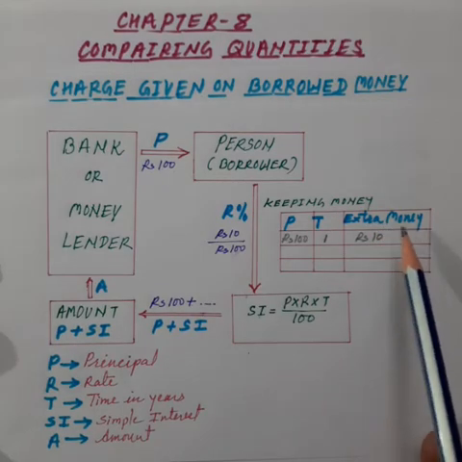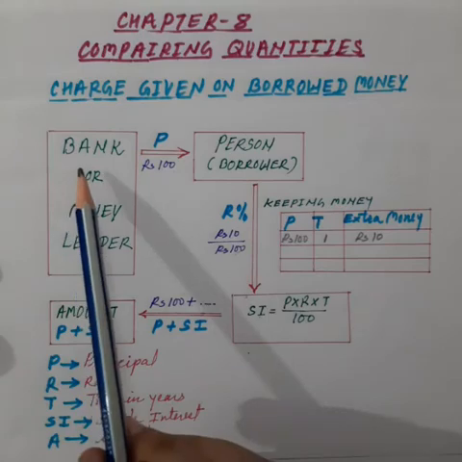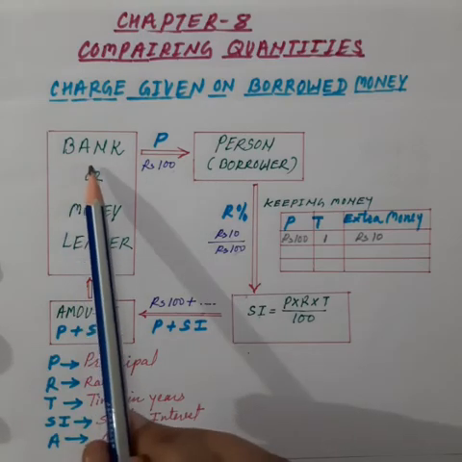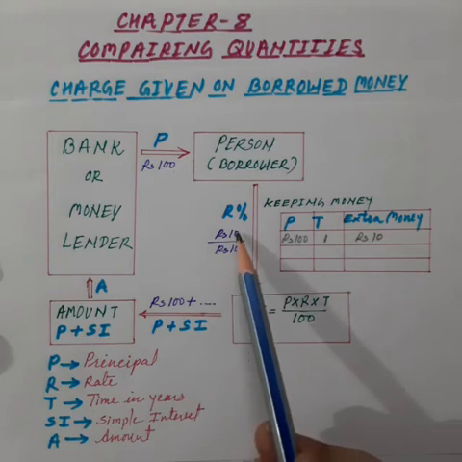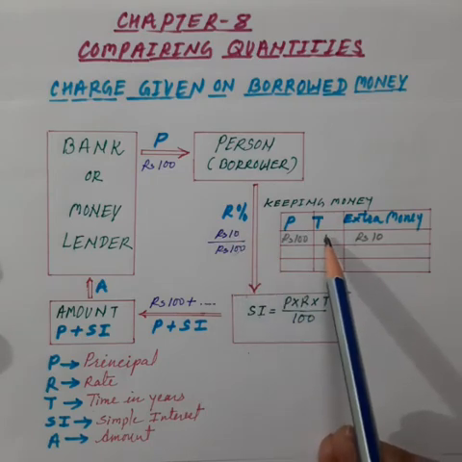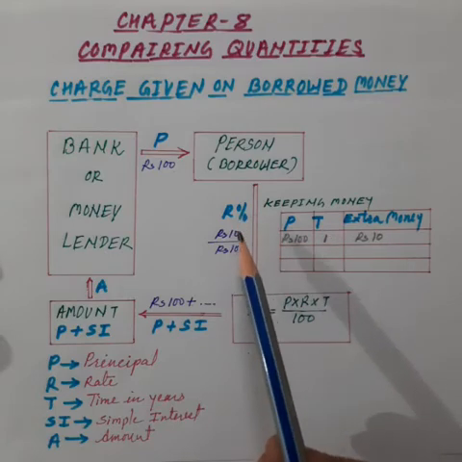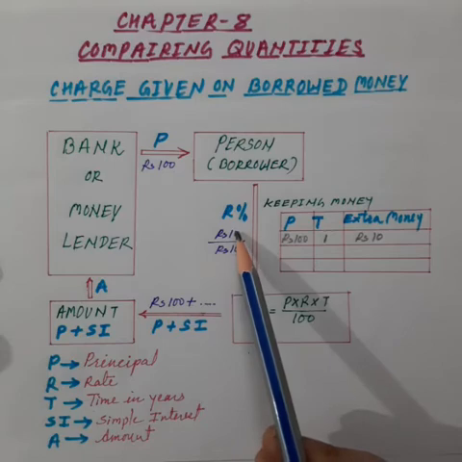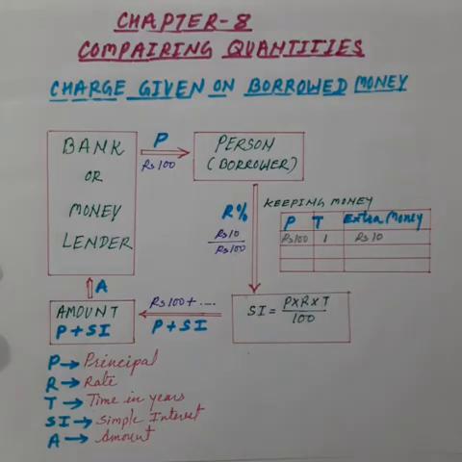How much extra money the borrower has to pay? That the bank decides. If the bank says the borrower has to pay rupees 10 extra for keeping 100 rupees for 1 year, this is rate percent. What is rate percent? Extra money paid for keeping 100 rupees for 1 year.